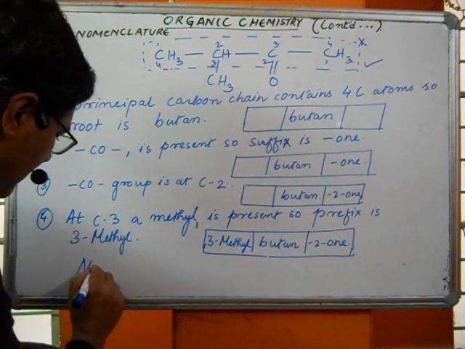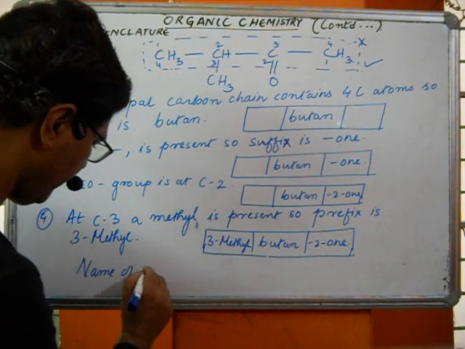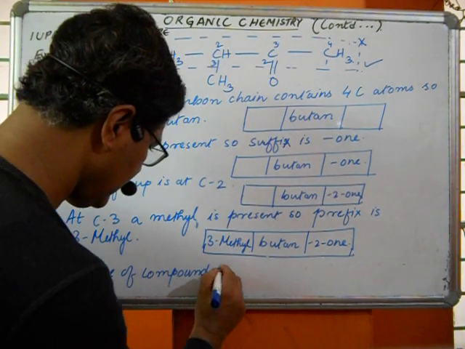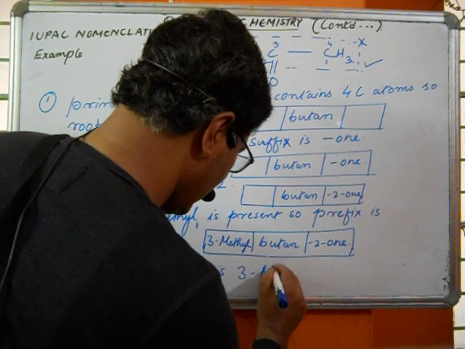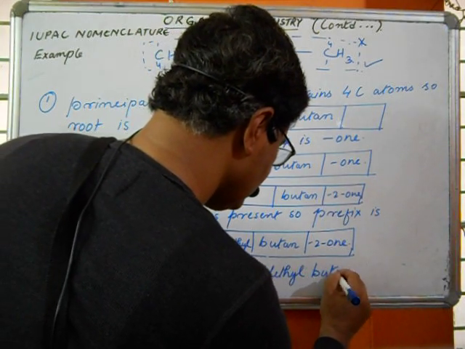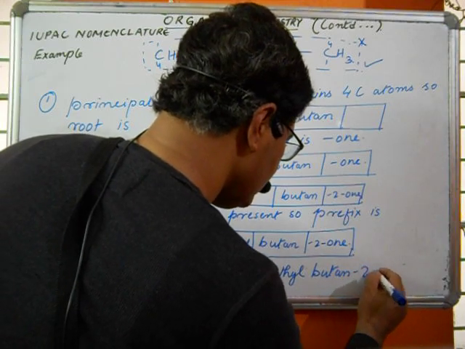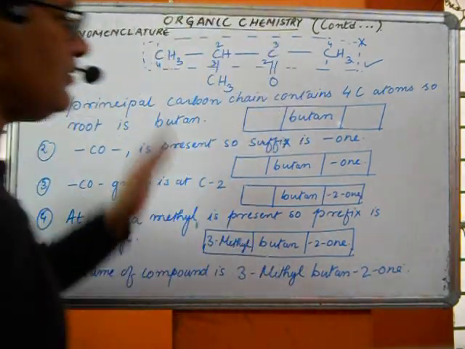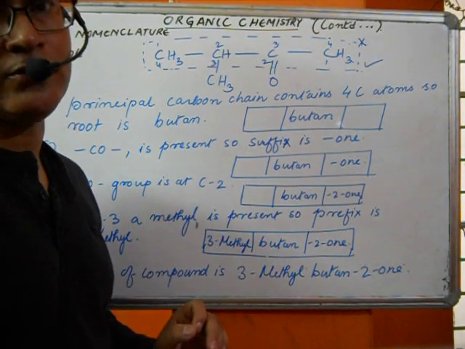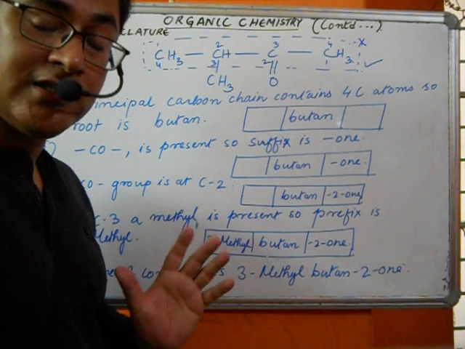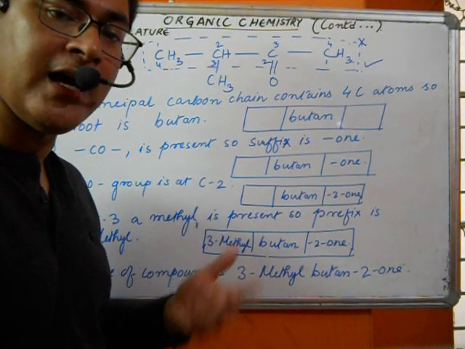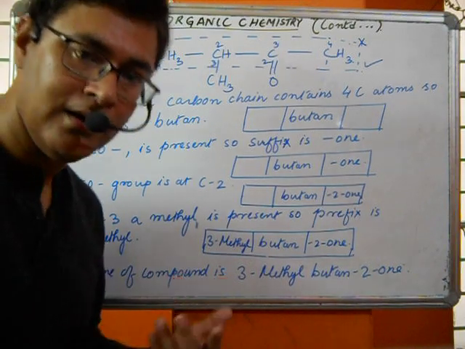So the name of the compound is 3-methyl butane 2-one. So this is the naming of branched ketones, right? So make sure you practice it, and practice it. The more you practice, the more you get habituated with it. Okay? Please note it down.